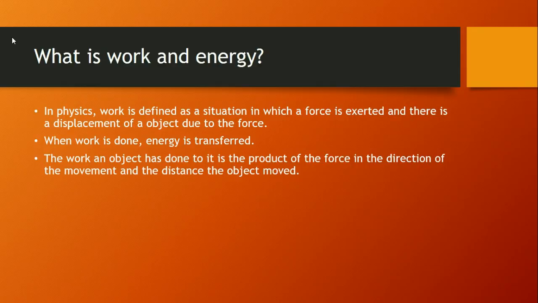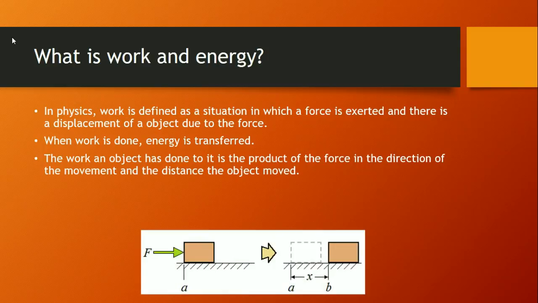And basically, the work a force or object does is the product of the force in the direction of the movement. So if we are pushing on a block, like in this picture, and we're just pushing straight forward, and the block moves straight forward, we just multiply what force we pushed with and how far the block moved.